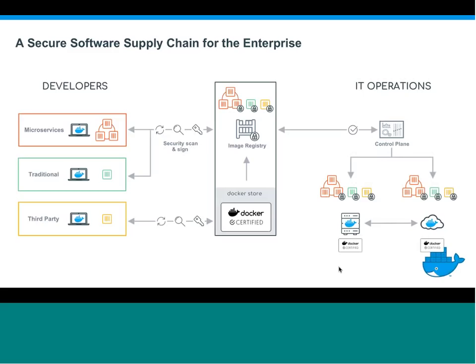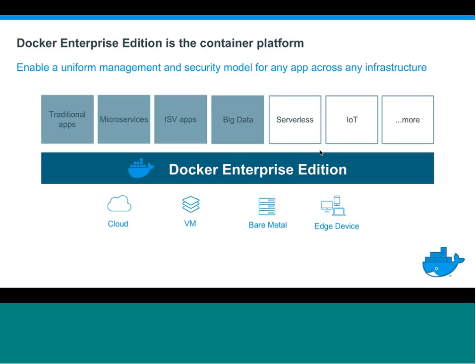And similarly, in software development, there's a supply chain for taking an application from a developer's laptop and getting it securely to production. And so with Docker Enterprise Edition, we provide the secure Docker Trusted Registry as well as the Universal Control Plane to give you that single platform for managing the applications.